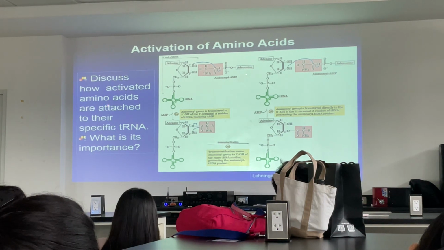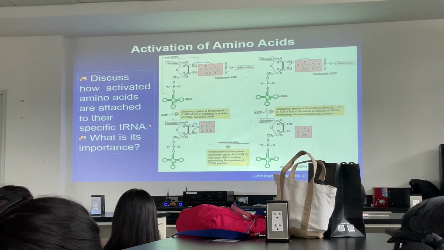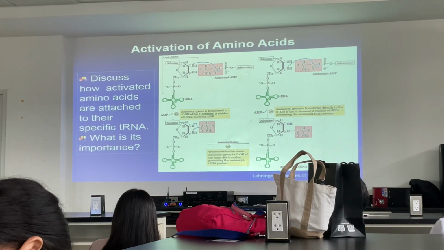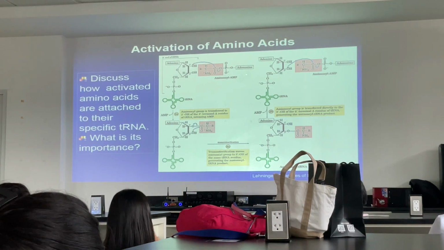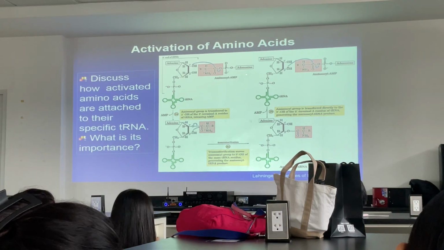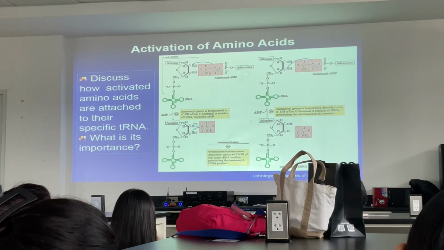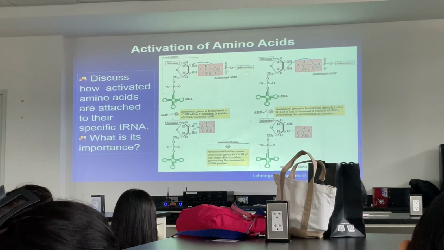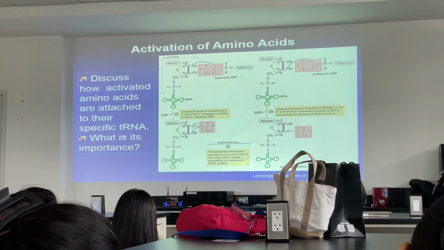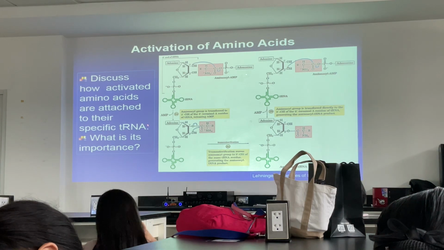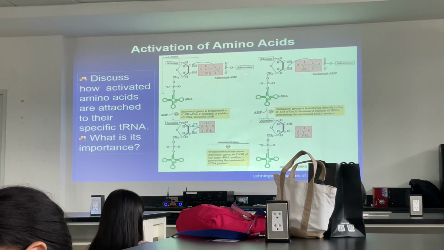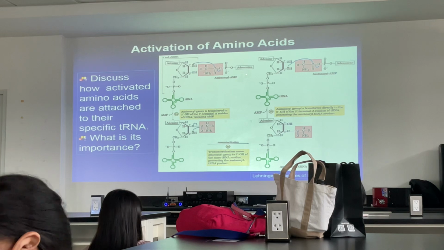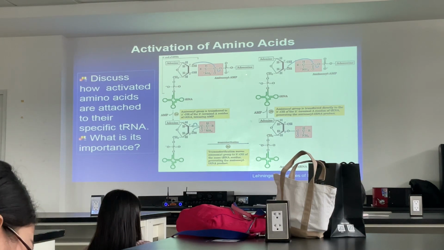What is the importance of attaching amino acids to their specific tRNA? There are 20 different amino acids. Therefore, there are 20 tRNAs, each carrying one of the 20 amino acids. It will ensure that the amino acid being added to the peptide chain is the correct amino acid as dictated by mRNA.